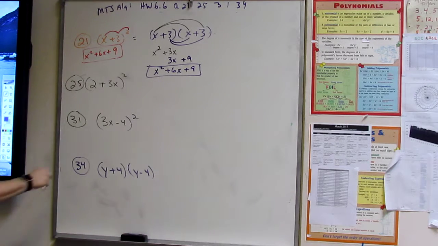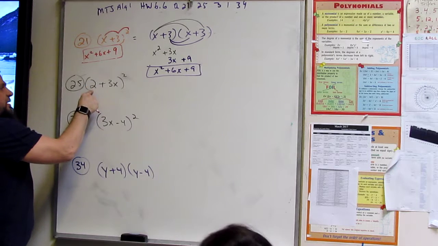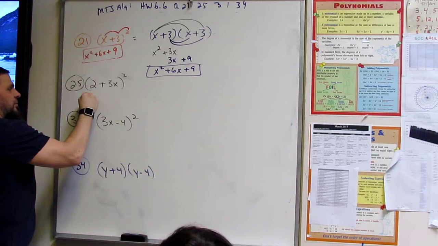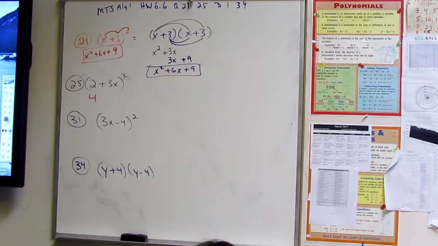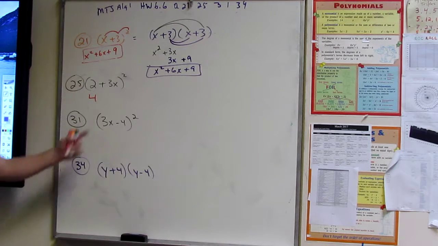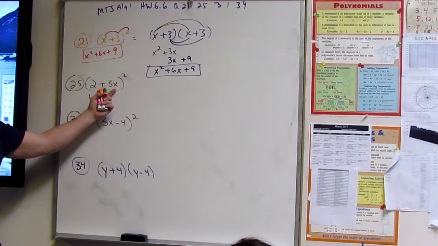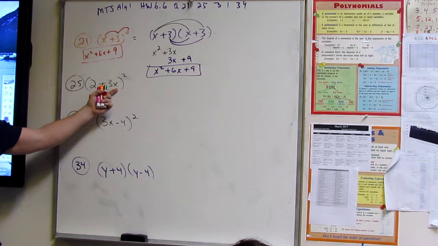Okay? Now, same thing. What's 2 squared? 4. Right? Now, what's 3x squared? What's 3x times 3x? 9x squared.